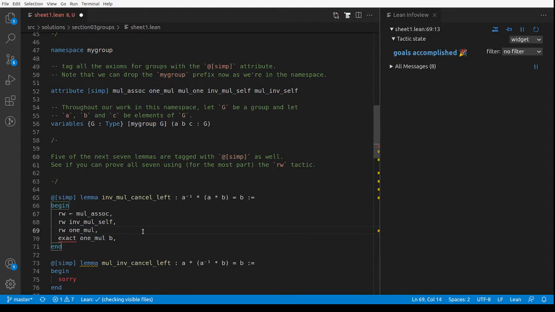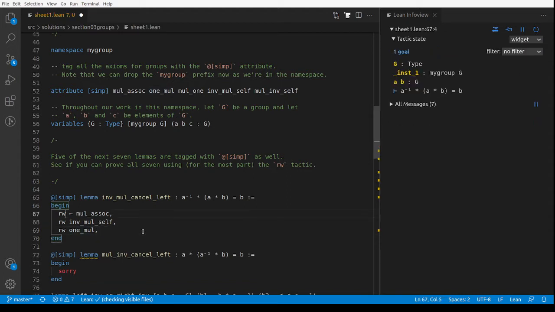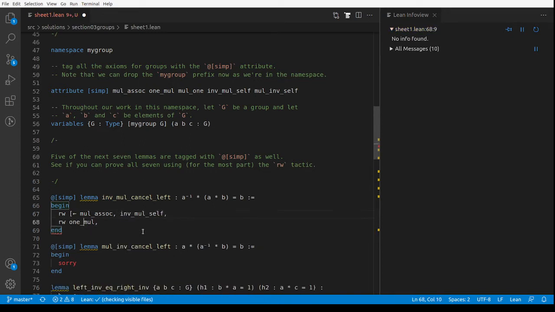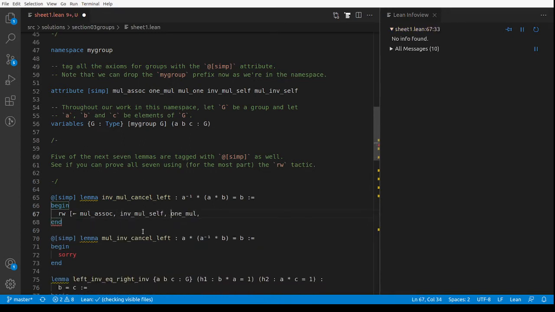It tries rfl just to see if it works. And now you see, now everything is rewrite, so we could even do it like this. Put everything in one line, because it's always nice to get one-line proofs of everything.